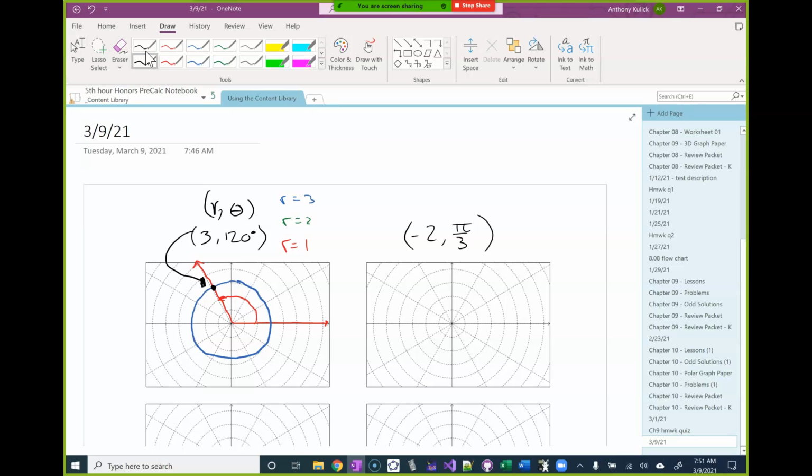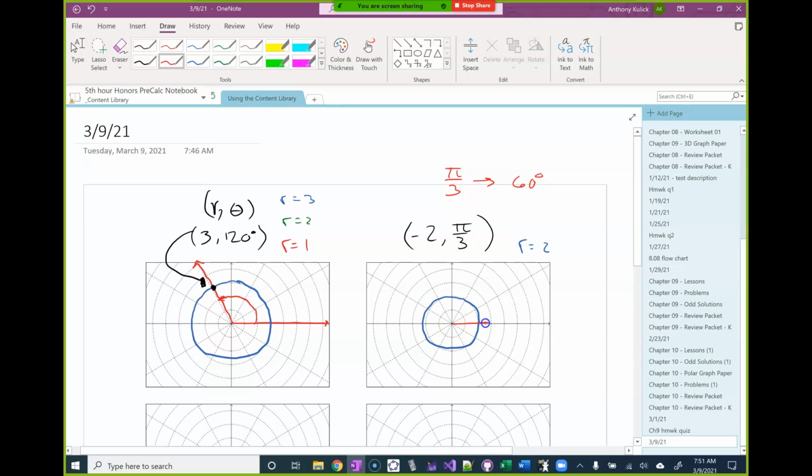So we're going to think about this the same way. I'm going to start with just a radius of 2, which is here. And then the angle I'm going to have is, remember, pi over 3 is equivalent to 60 degrees. How do I convert between radians and degrees again? Yeah, so I multiply this by 180 over pi to get to degrees.